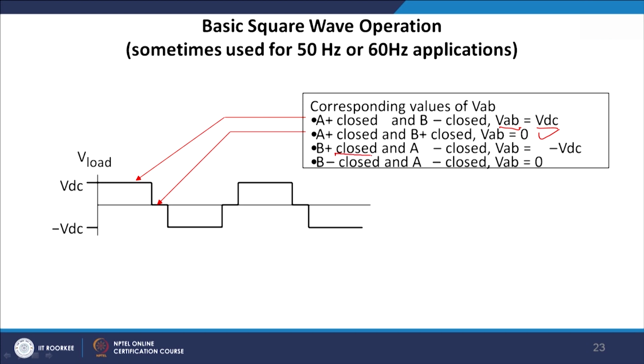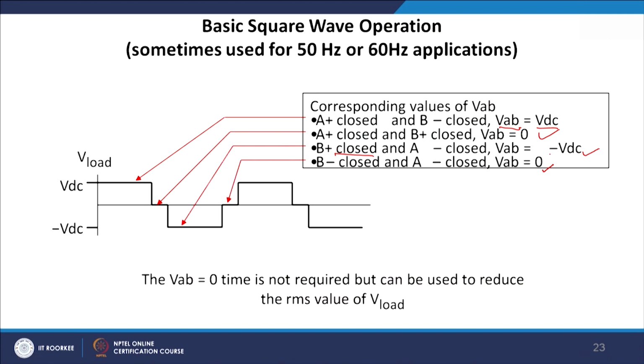Thereafter B is closed and minus A is closed, thus actually the potential reverses. Again thereafter all the lower switches are closed, minus B and minus A are closed, so you are getting a voltage of 0 volt. So, this is actually the case.